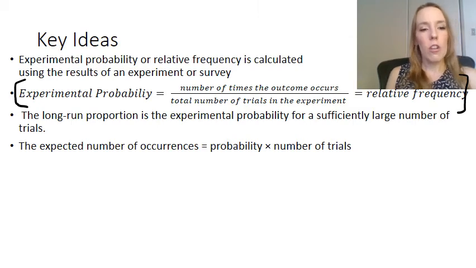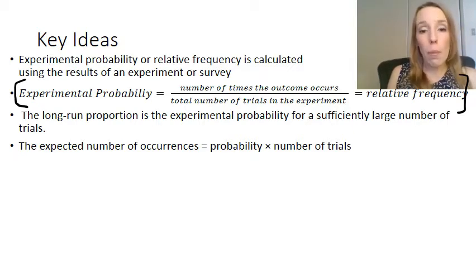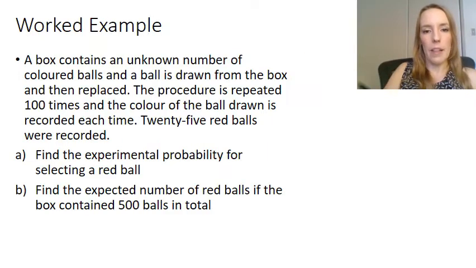The long run proportion is the experimental probability for a sufficiently large number of trials. Obviously a small number isn't going to work. We're going to have a suitably large number. And the expected number of occurrences is the probability multiplied by the number of trials. So we'll do some examples. Hopefully that will become clear.